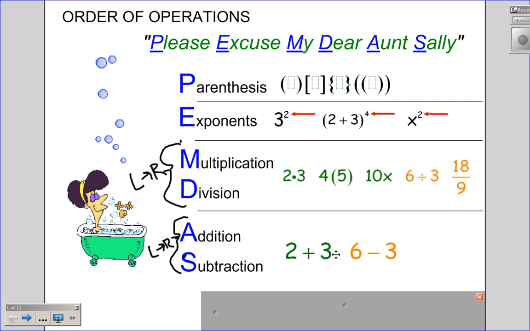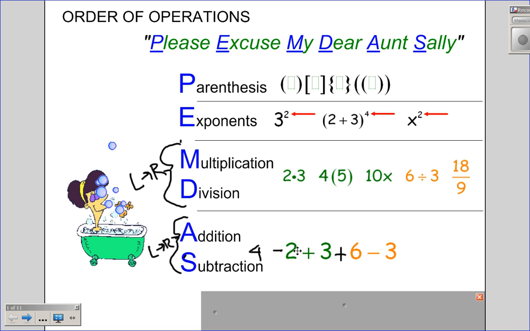So 2 plus 3 times 6 minus, I'm sorry, 6 minus 3. If I was to combine these into one problem here, and let's say I put a plus sign here, and let me throw in a 4 minus here. If I was going to do this, some might want to do the 2 plus the 3 first, and then plus 6, and then do 4 minus and 6 minus, but that's not how we do it.